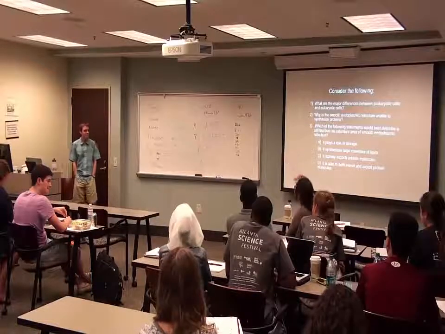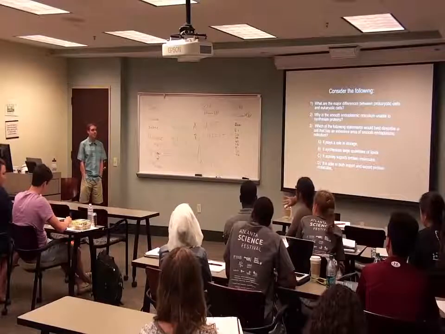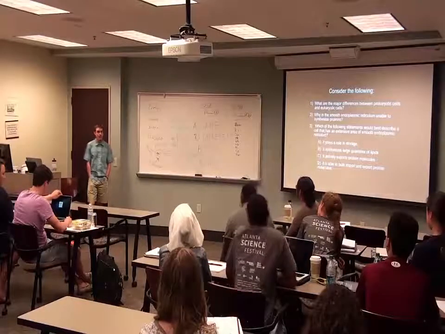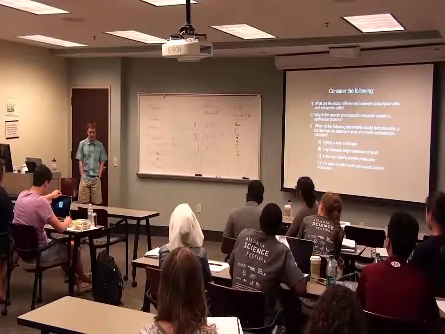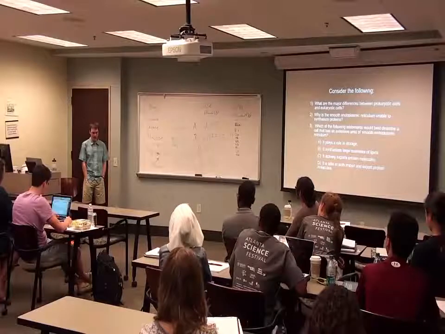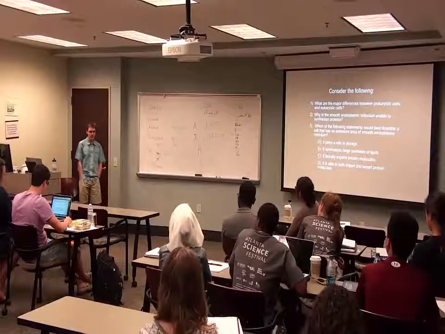Are your classes mostly freshmen and mostly sophomores, or a mix between the two, or what is the general distribution? It's a real good blend of both. I'd say it's mostly sophomores.